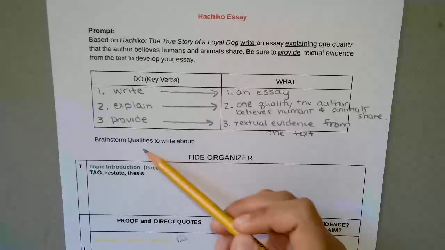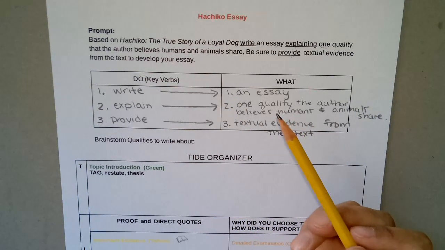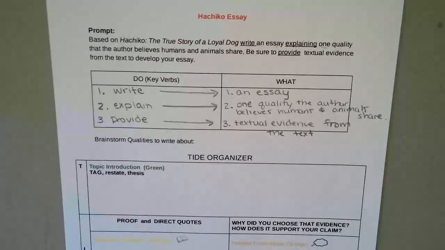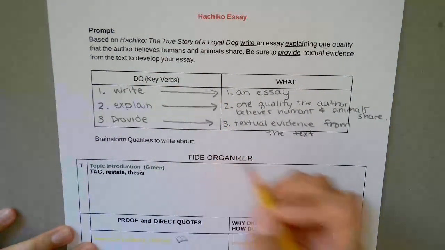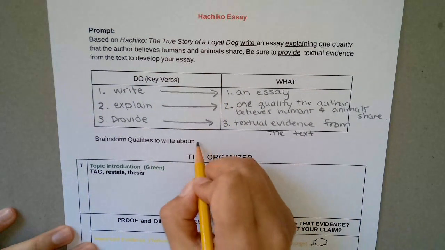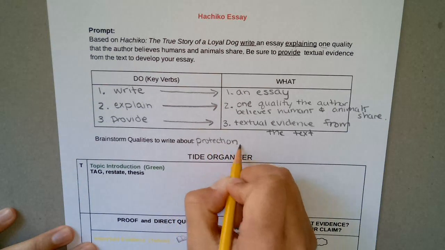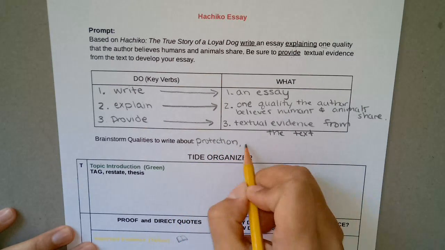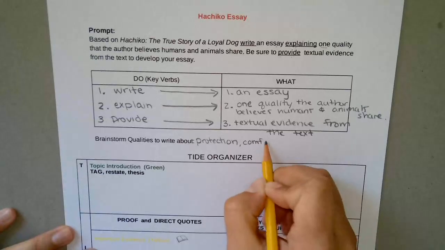But now I have to think about some qualities that I could write about. So the last exemplar we looked at talked about some of the qualities in both texts. This is only talking about Hachiko. So some qualities I know that the author talks about in that text are, I'm just going to list them. Protection, comforting, how kind of Hachiko comforts almost his master.